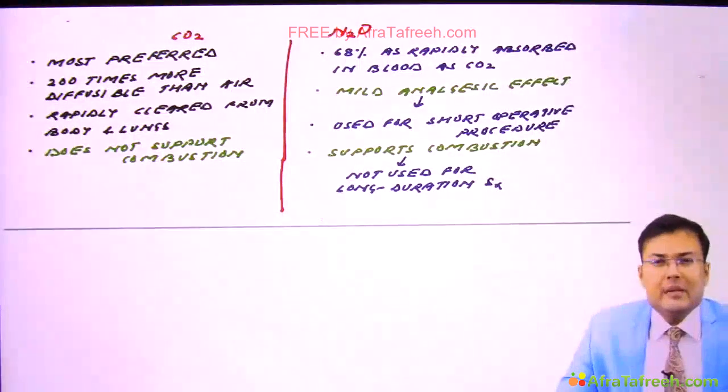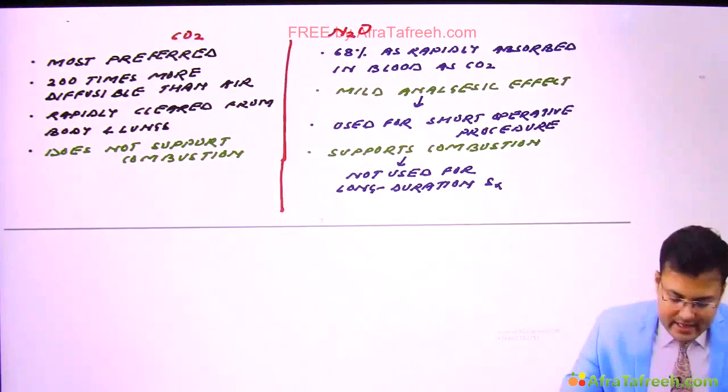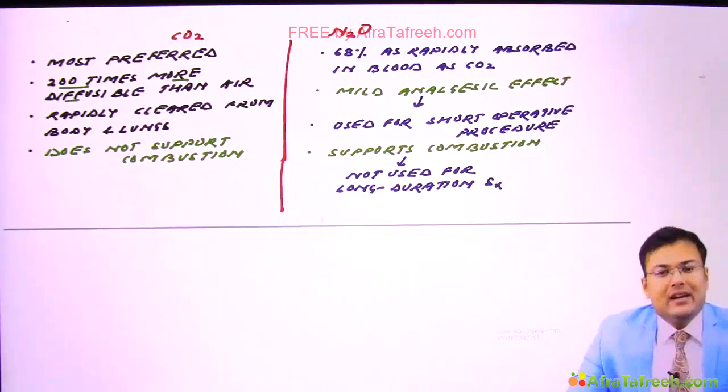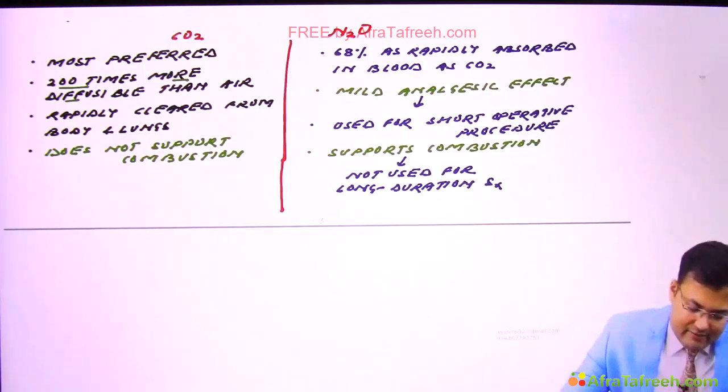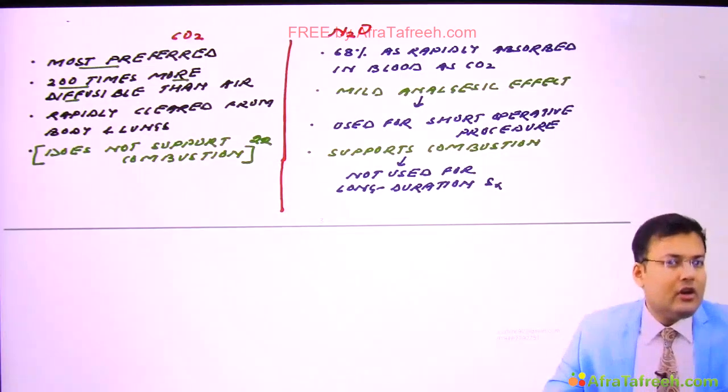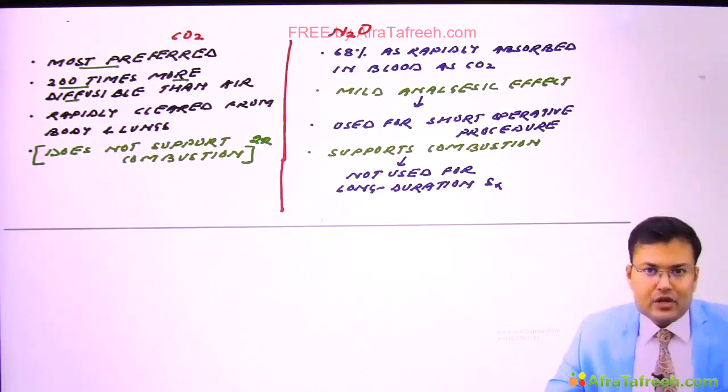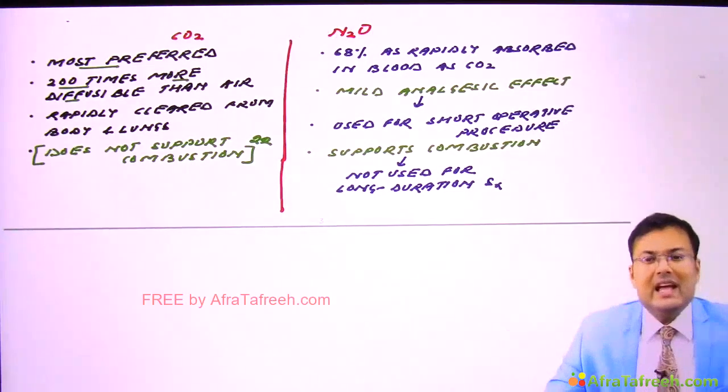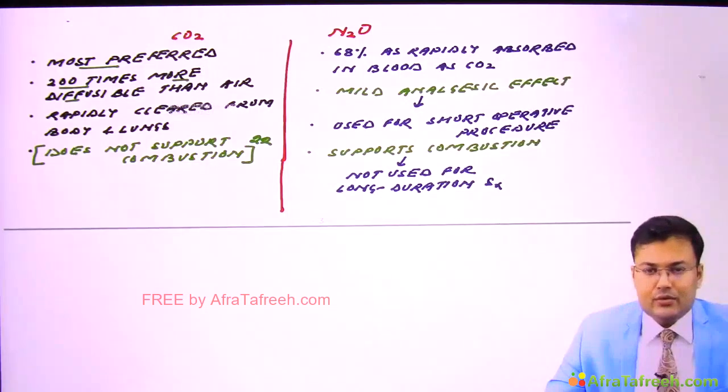So CO2 is the most preferred. It is 200 times more diffusible than air. It is rapidly cleared from the body and lungs, and a very important property, it does not support combustion. That's why this is most preferred. We can use it for long duration as well as short duration surgery. Nitrous oxide is 68% as rapidly absorbed in blood as CO2.